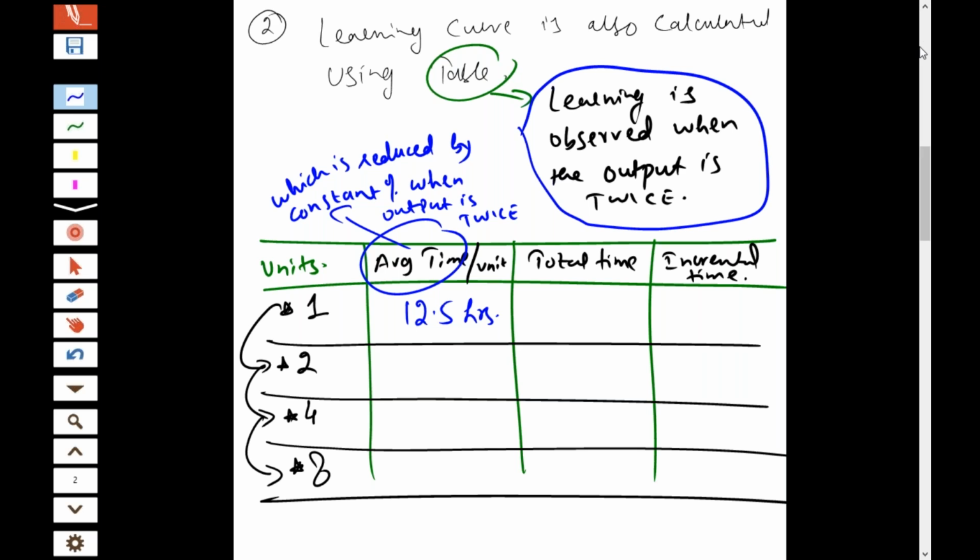This is actually the theory of learning curve, that when the output is getting twice every time, then learning will be observed.